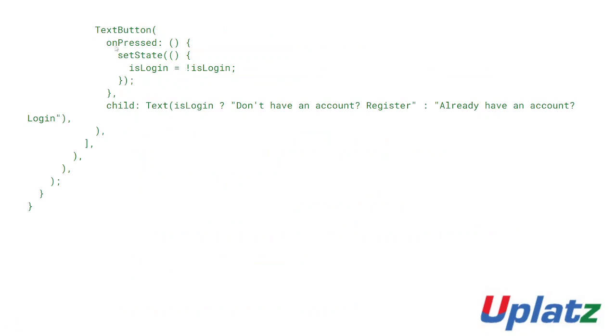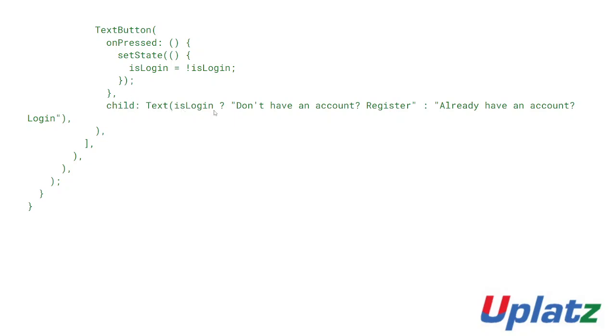TextButton onPressed setState, isLogin is equal to not isLogin, that is toggle. Within setState, this function is called. Child of the TextButton.